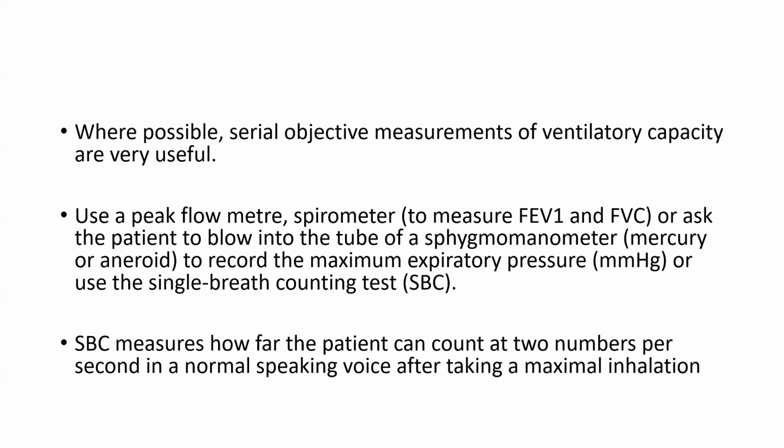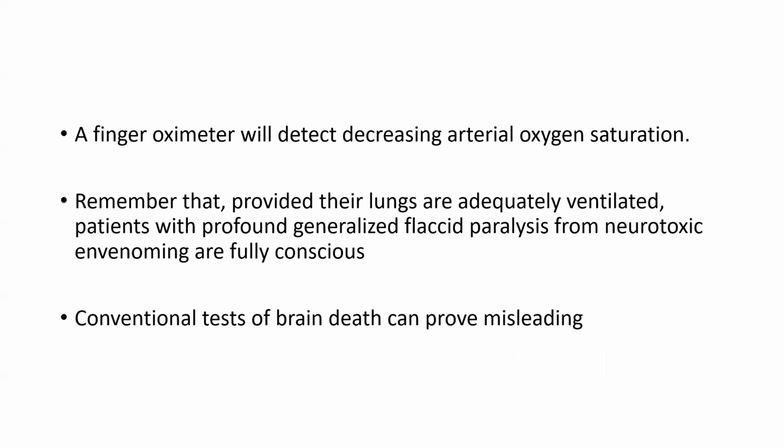Use a peak flow meter or spirometer to measure FEV1 and FVC, or ask the patient to blow into the tube of a sphygmomanometer to record the maximum expiratory pressure, or use the single breath counting test. Single breath counting measures how far the patient can count at two numbers per second in a normal speaking voice after taking maximal inhalation. A finger oximeter will detect decreased arterial oxygen saturation.